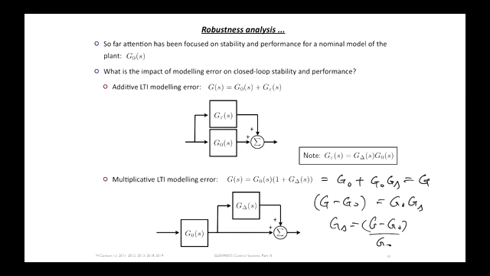So this is an uncertainty, and it's a measure of relative uncertainty, relative to your nominal model. They're just different ways of modelling mismatch between a nominal model and perhaps your real system. There are other ways to do it; these are not the only ways.